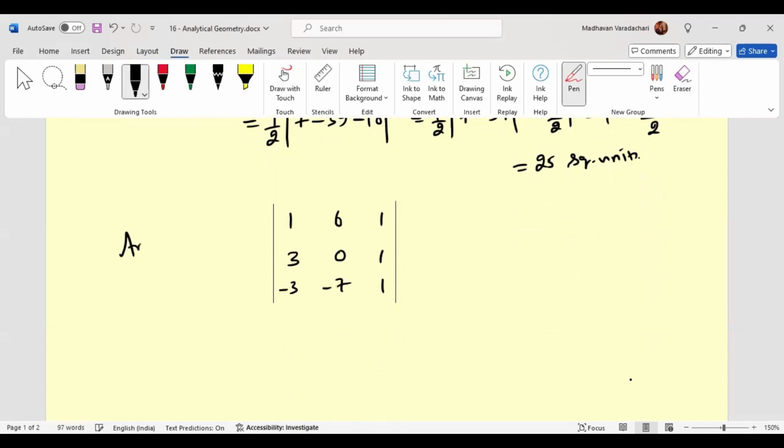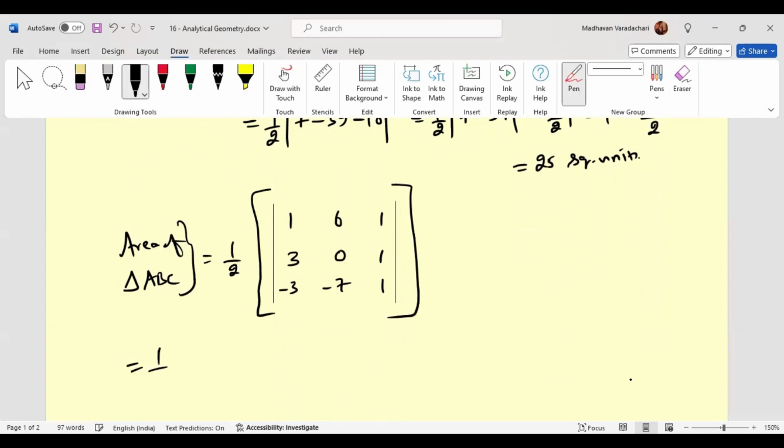So this is the area of triangle ABC, which is equal to half times this, which will be 1/2 times modulus, then 1 times 0 minus minus 7, it becomes plus 7, minus 6.